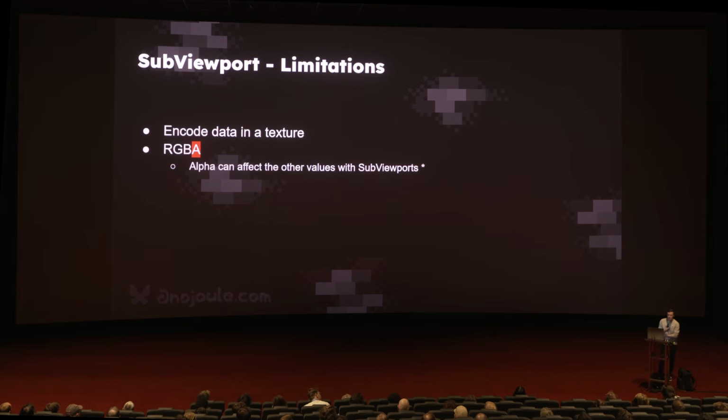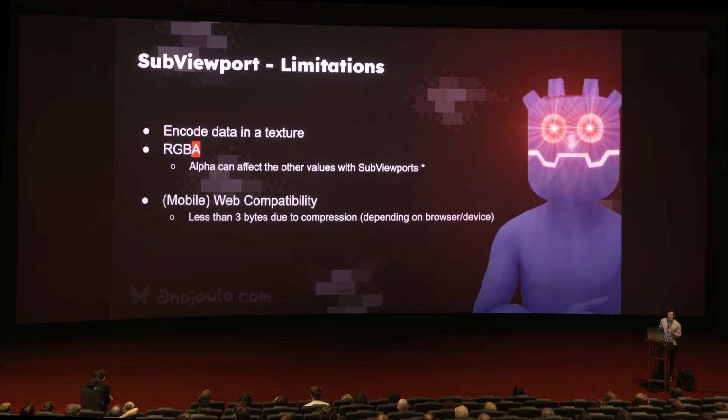Maybe I have to look more into detail how it works, but usually I just use the RGB channel and ignore the alpha for now. And yeah, web compatibility is another issue again for mobile, because you usually have less than 3 bytes due to compression of a lot of the mobile web browsers. So watch out for this.